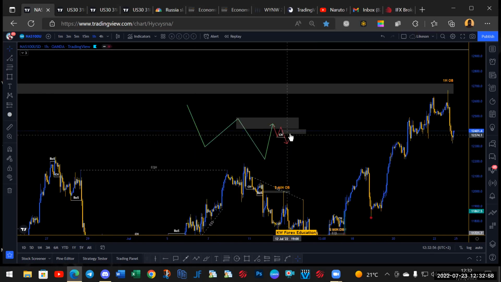Something like that. Then you can enter from here. So instead of selling there, now you're selling here, right? Am I clear on this one?